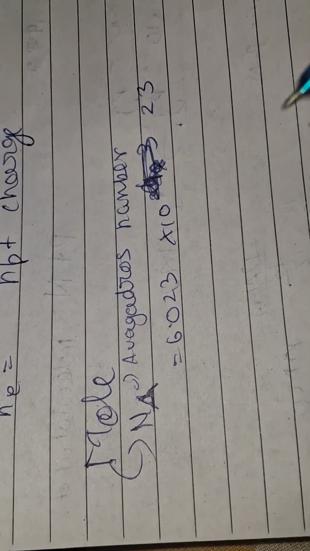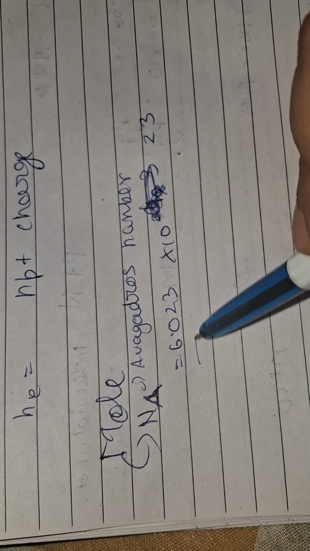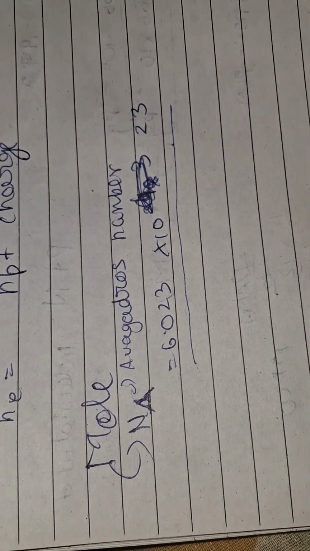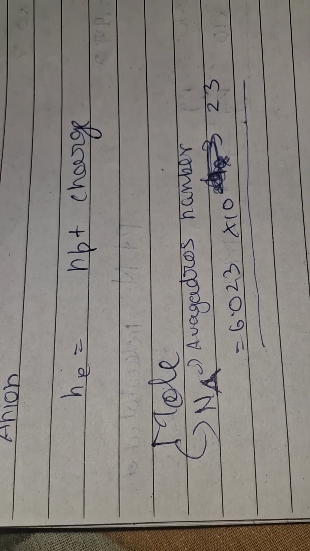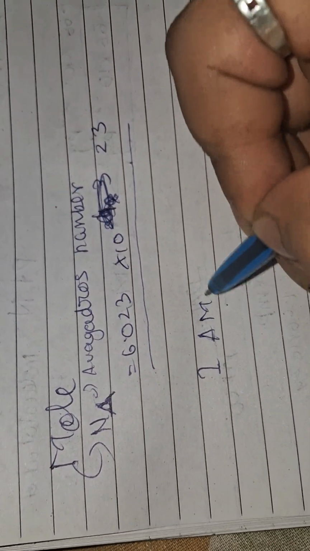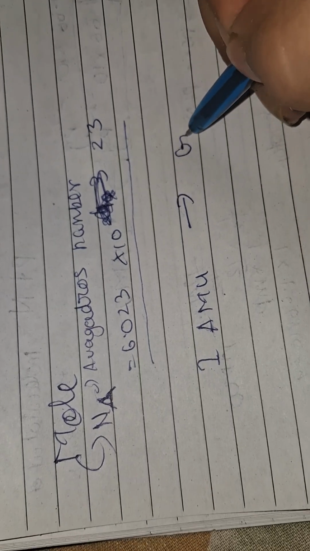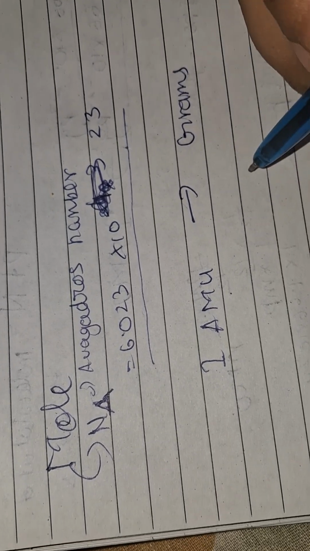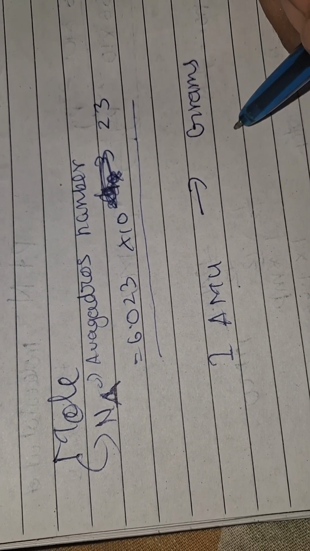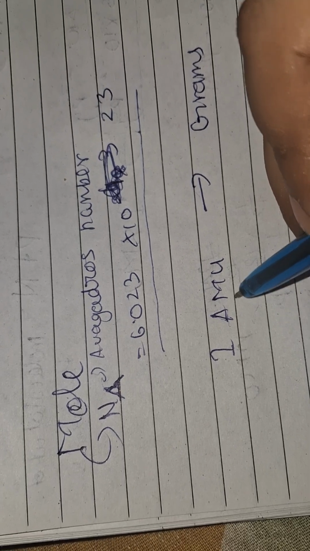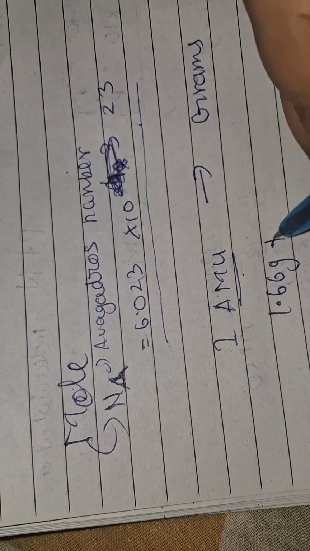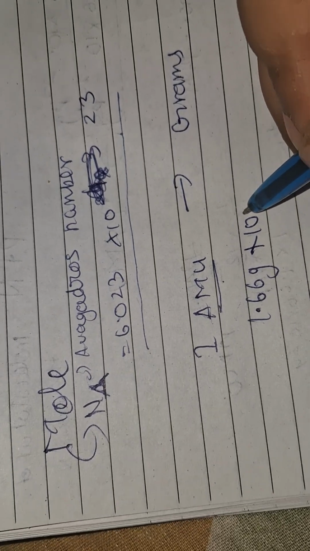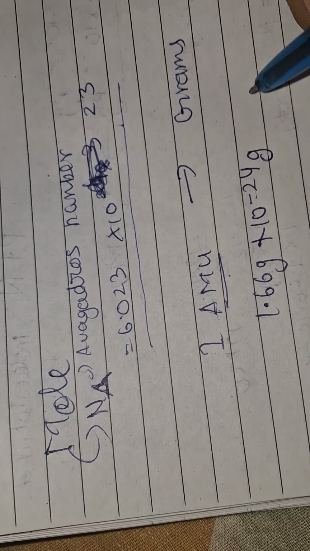So, how did we find this? You want to convert 1 AMU into grams. We know that 1 AMU is 1.66 into 10 to the power minus 24 grams.